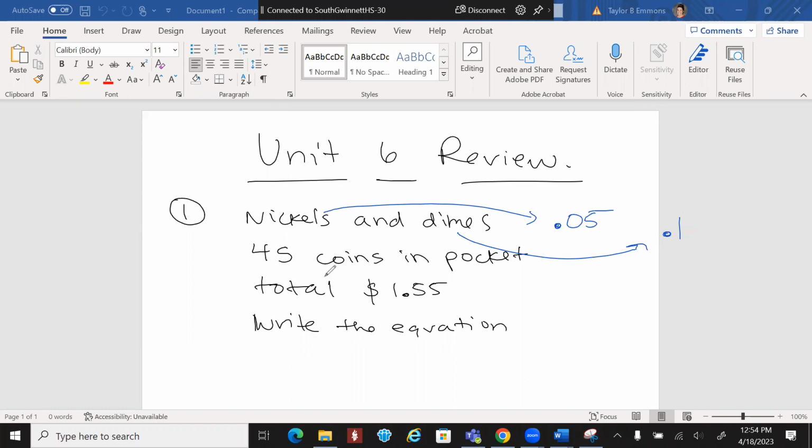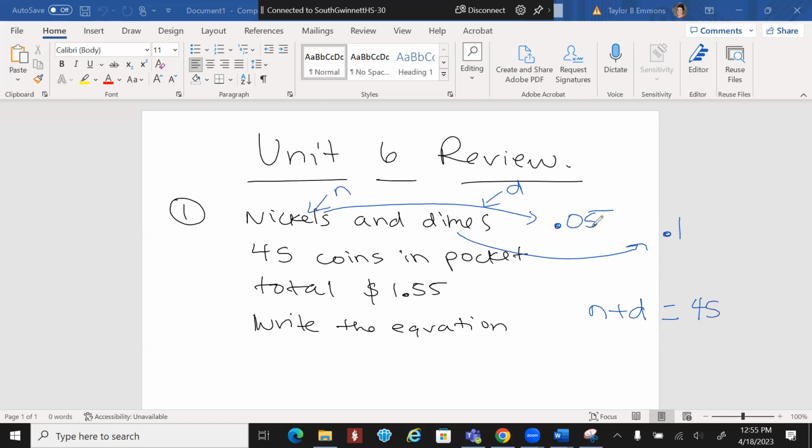All right. So let's say that N is going to represent nickels and D is going to represent dimes. So the way to write out the equation for this would be, we have nickels plus dimes, and the total number of coins is going to be 45.